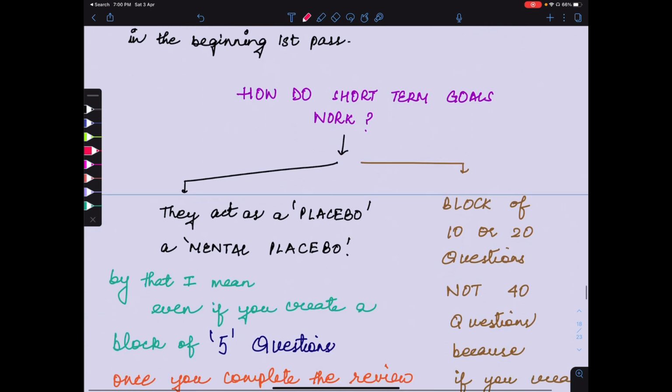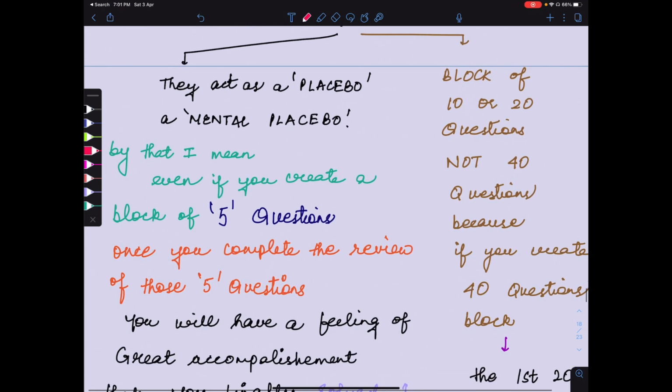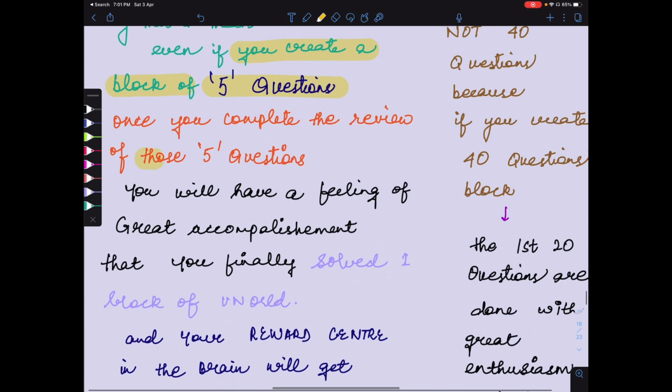Alright? So, first of all, you should know how to set the short-term goals. How do they work? See, the short-term goals act as a placebo. In fact, a mental placebo. By that I mean that even if you create a block of 5 questions, once you complete the review of those 5 questions, you will have a feeling of great accomplishment.